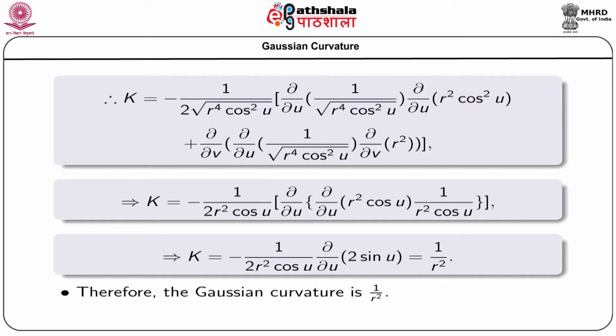But if the coordinate system is not orthogonal, then we can find the Gaussian curvature by its definition, that is R' 1 2 1 2 by A. So, you have to calculate the R' 1 2 1 2, and from that expression we can find the value of Gaussian curvature.